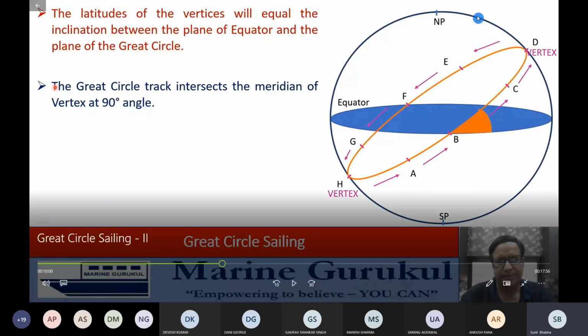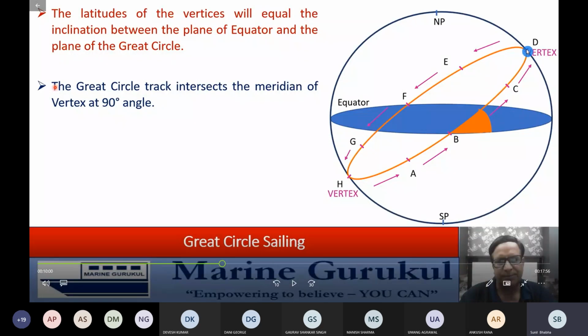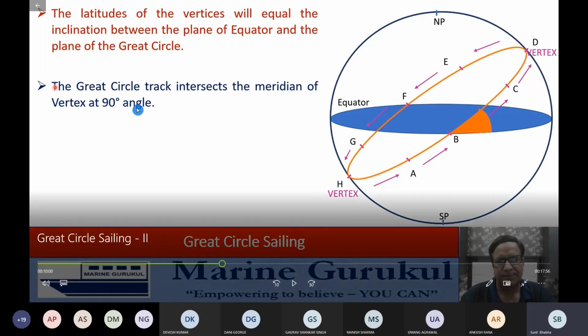In this diagram, this particular meridian which you see, NP to delta, it is basically the meridian of the vertex. So meridian runs north-south. Our great circle track at the vertex runs east-west. So there has to be a 90-degree angle between them. So this tells us that the great circle track intersects or cuts the meridian of the vertex at 90-degree angle.